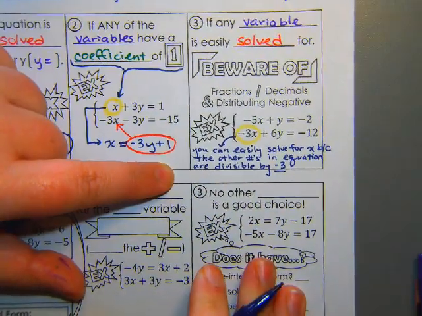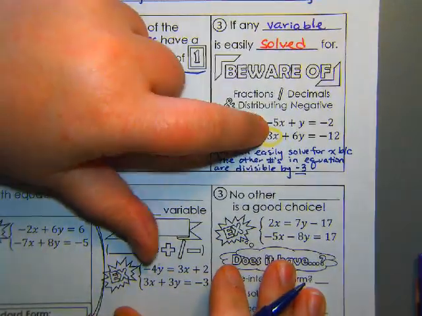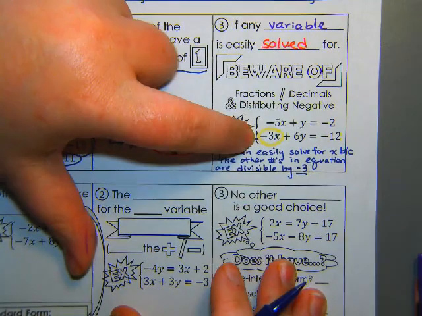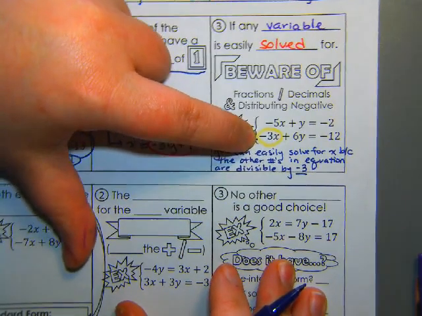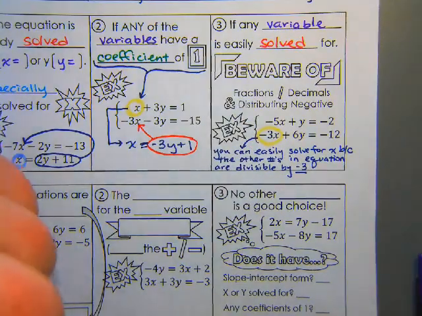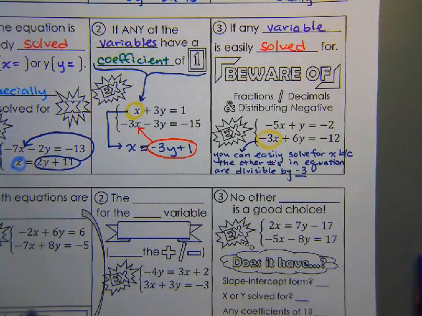Okay, and that's the big thing that you go, oh, everything else will be divisible by that. I know solving for that's going to be easy. It doesn't mean, again, that you can't do it. It just means that it's not going to be very slick.